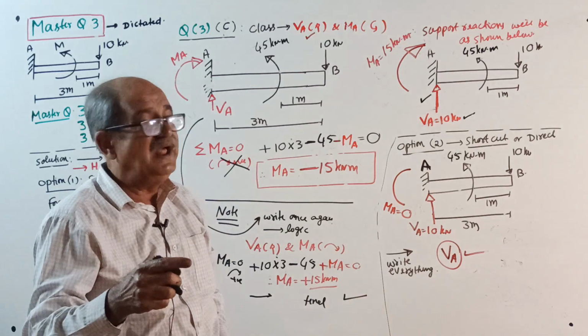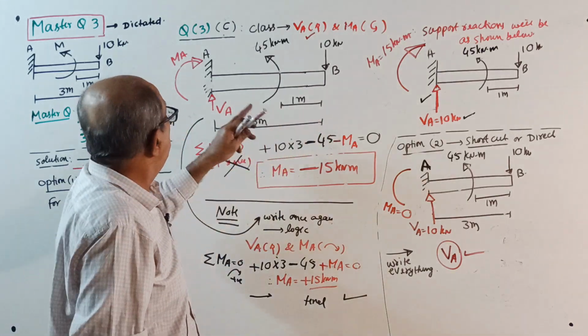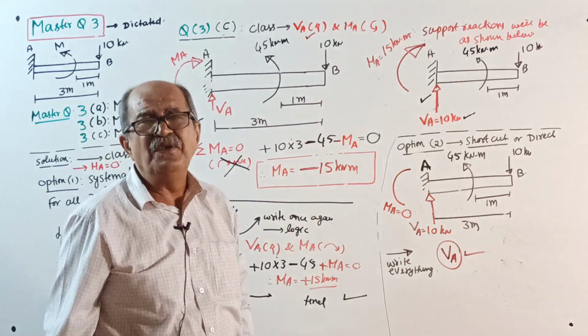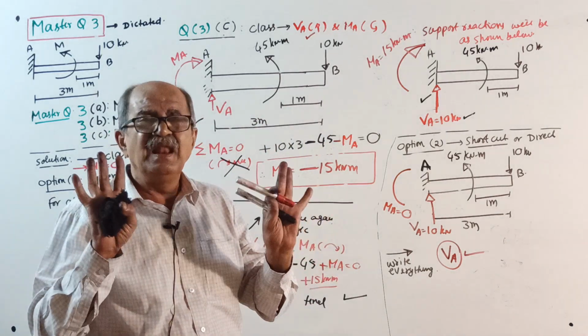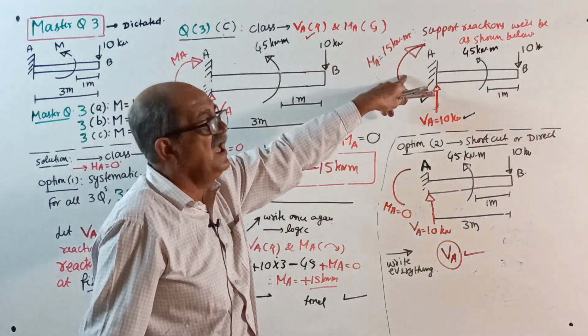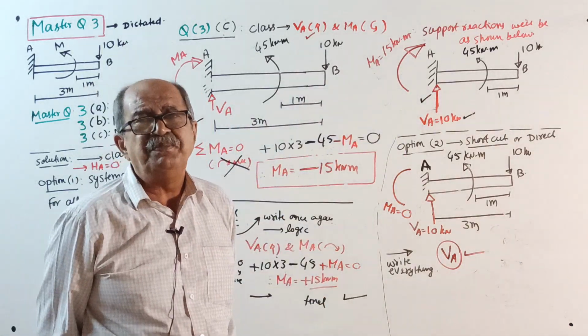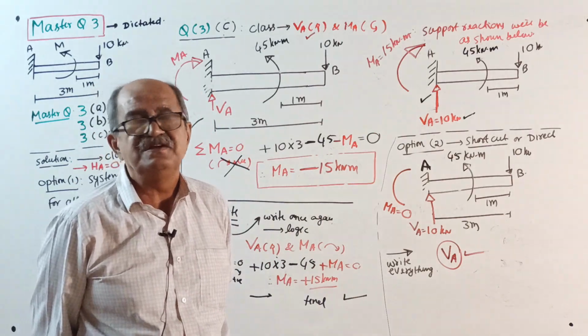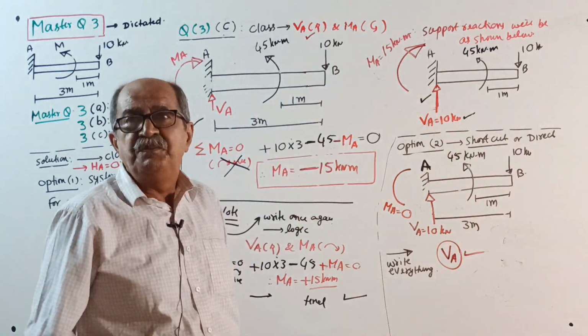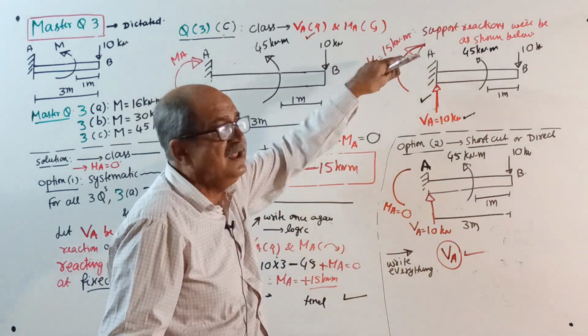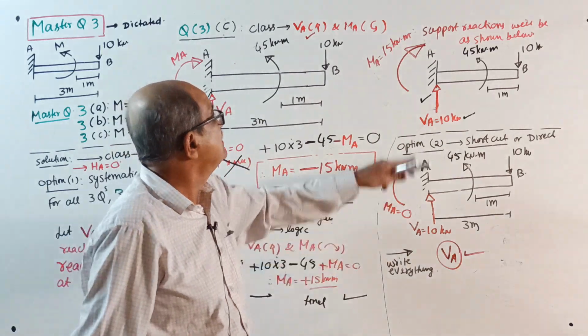Or, I will tell you, whether you assume it clockwise or anti-clockwise, whatever you assume, the final moment is guaranteed, reacting moment is clockwise 15. Nobody in the world can change it. Okay. See, this is a guaranteed answer. If you assume in the same direction, positive will come, correct.